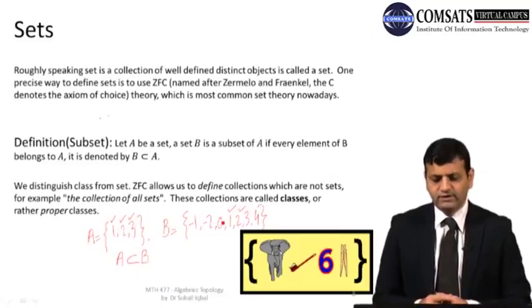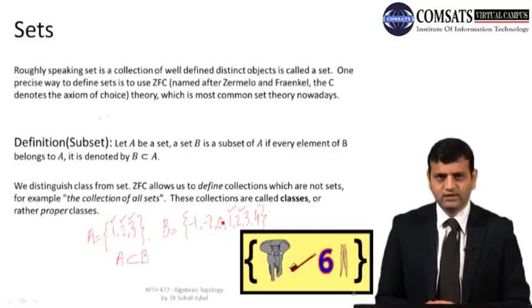We will differentiate between the term set and the term class. As I said earlier, sets are precisely defined using many theories, but the most common nowadays is ZFC, and we are not going into the details of the definition.